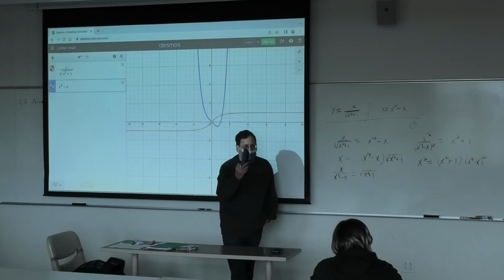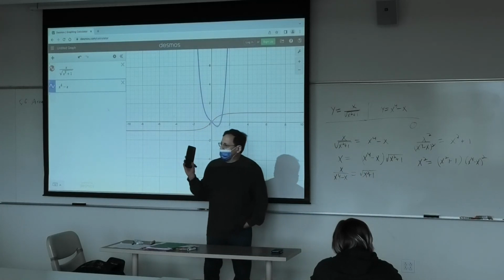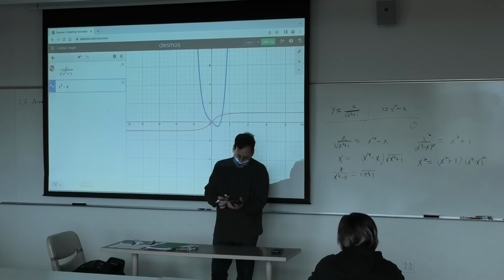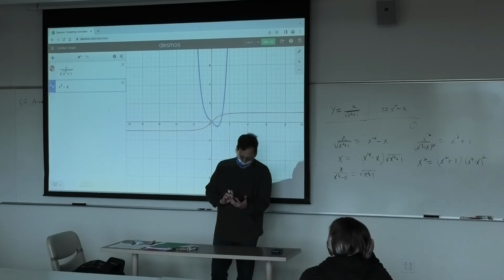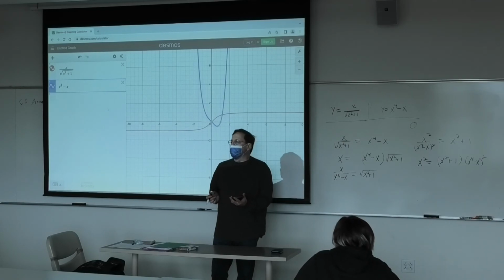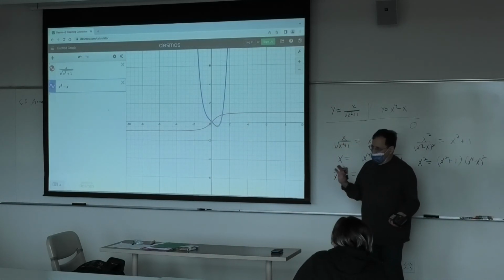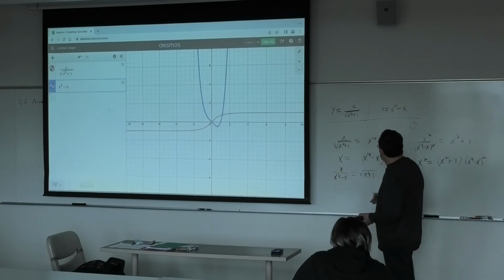One option is just your simple TI calculator. Put both these functions in, and there's a calc function. Calc 5, intersect. Now, for some odd reason, I never can get calc 5 intersect to work.